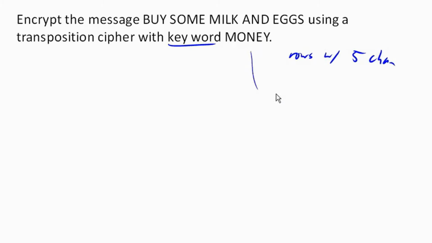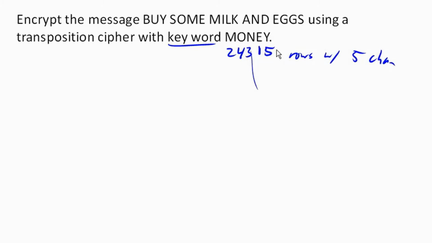A, B, C, D, E. E shows up first. Then A, B, C, D, F, G, H, I, J, K, L, M, N, O, P, Q, R, S, and then Y is going to show up last. And so this tells us the order in which we are going to read the columns of our encryption key.